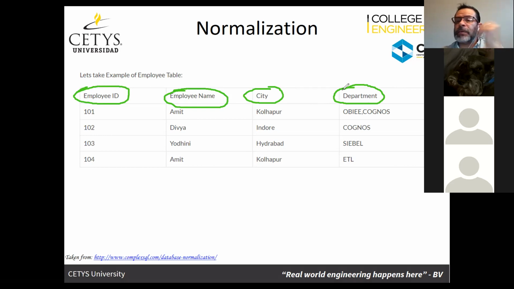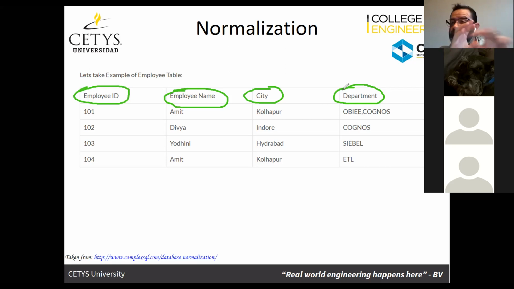What would be an attribute that we might identify as the best primary key for this table? The employee ID, correct.